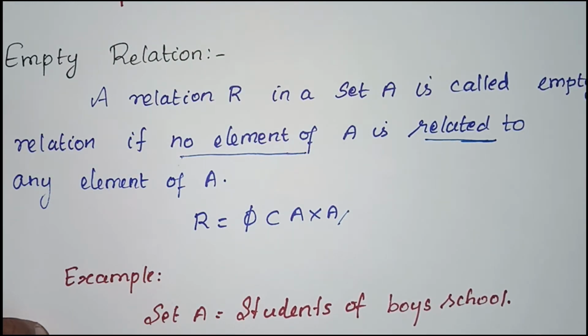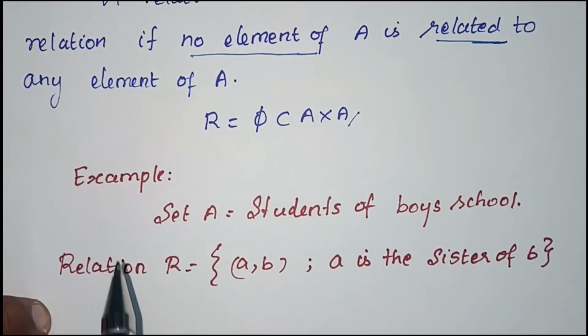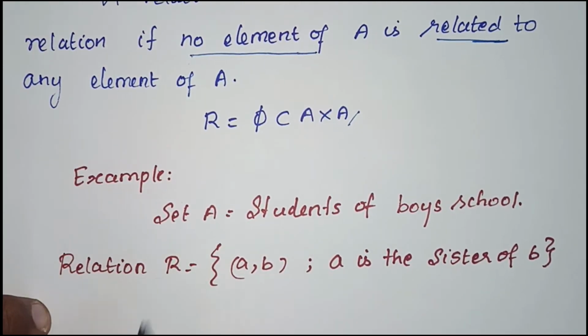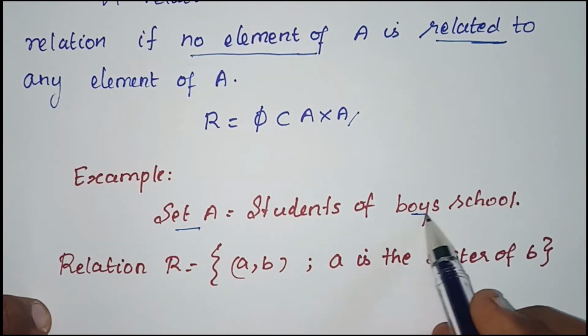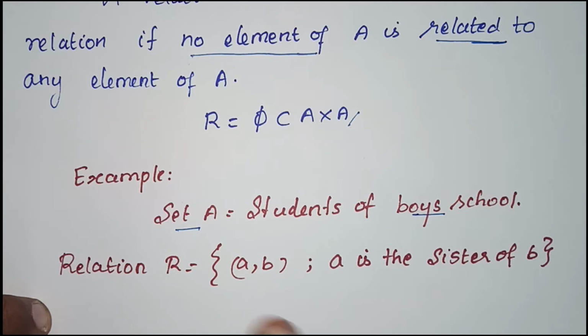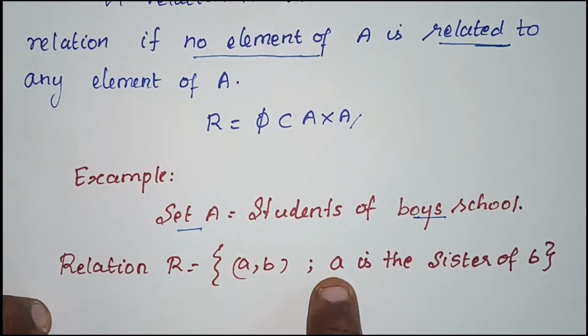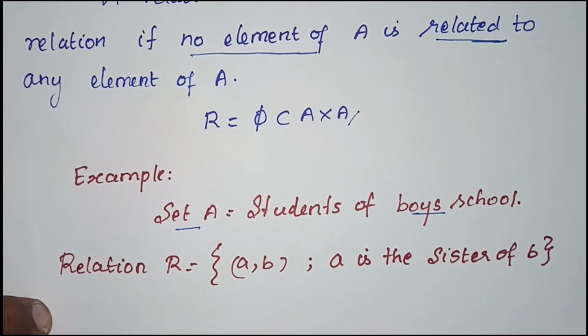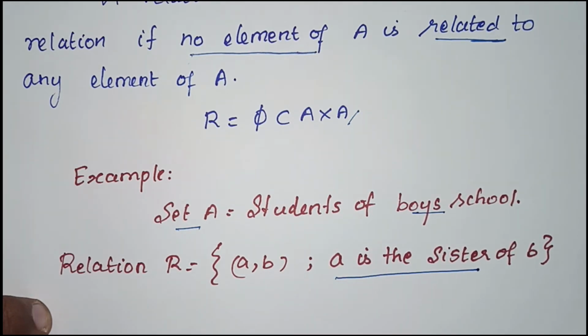You will get a clear understanding by seeing this example. Let us consider a set A. This set A consists of students of a boys school. The relation is described as (A, B): A is the sister of B. A is the sister of B means A should be a girl, right?